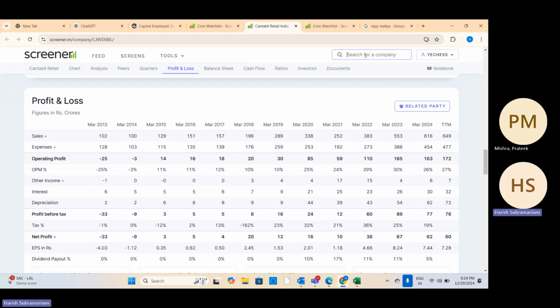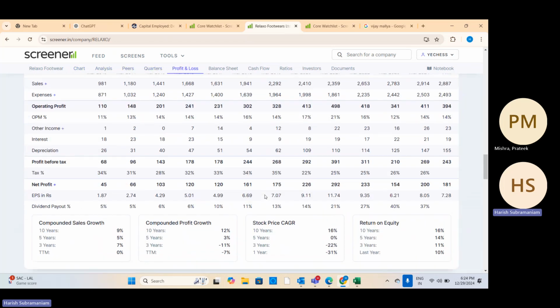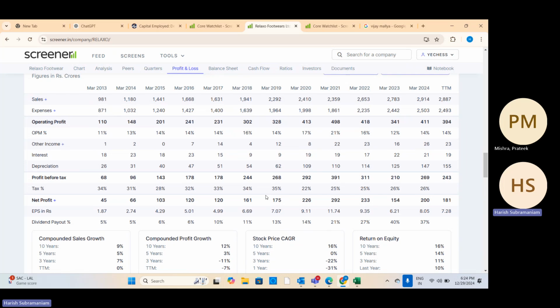Now, one of the things that we need to keep in mind when we look at these profit margins is the relationship of profit margin to share price. So cyclical companies typically go through cycles, right? And we see over here, operating profit margin of this company, Relaxo Footwear, is 11% here. And then from 11%, it's gone higher.